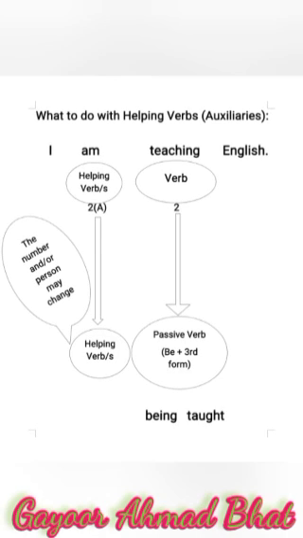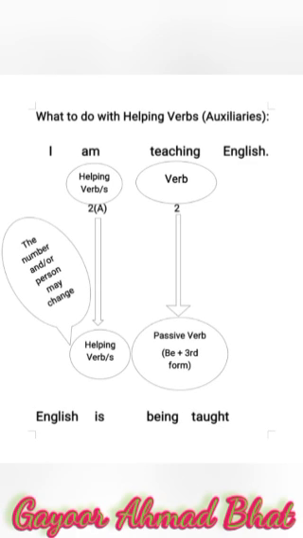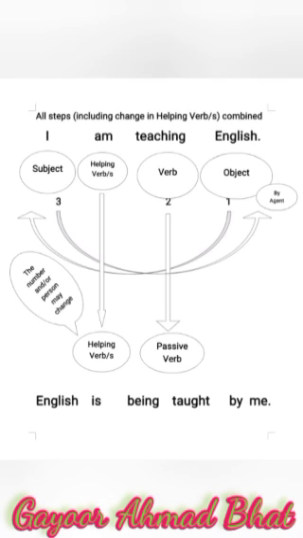The corresponding form of be is being, and then third form of the main verb, taught. Being taught, English is being taught, then I, the subject in active, will become by me in passive. Therefore, the passive of the sentence, I am teaching English, is English is being taught by me.